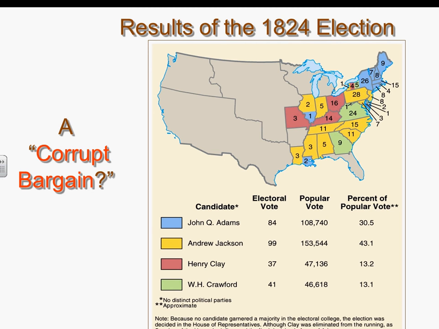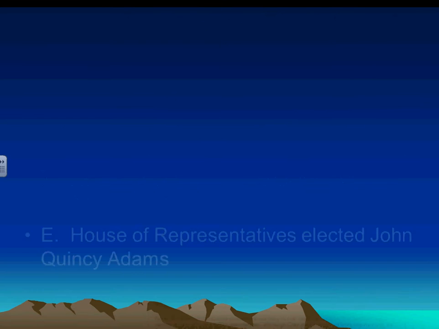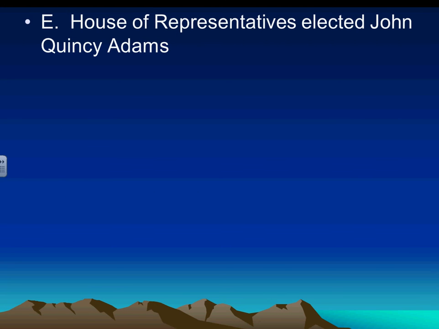It certainly is a close vote, and you can see that Jackson won the electoral vote by 99, and John Quincy Adams had 84. But because there wasn't a majority, that went to the House of Representatives, and they'll decide. And Henry Clay will convince people in the House of Representatives to vote for John Quincy Adams. So John Quincy Adams will become the president for the next 4 years.